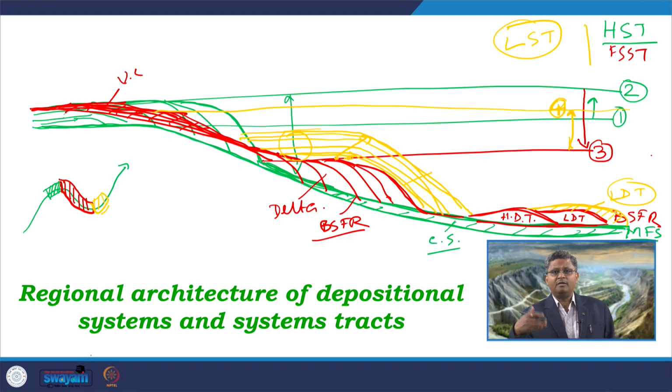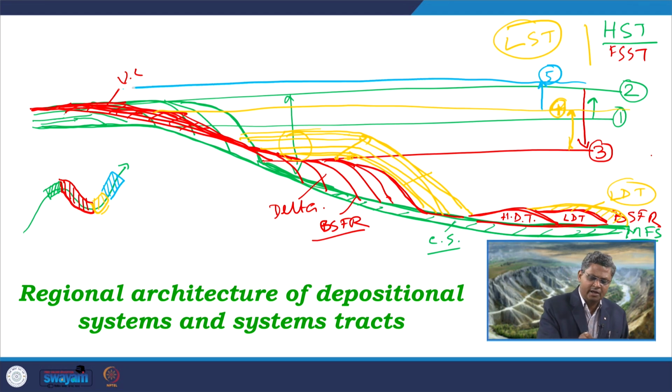And now coming into the fourth stage, where from this level 4 the base level is further rising up and reaching up to level 5. Now we are looking into this part of the curve where the base level is rising at a much higher rate with respect to the rate of sedimentation. For this particular level, the water level is reaching somewhere here.